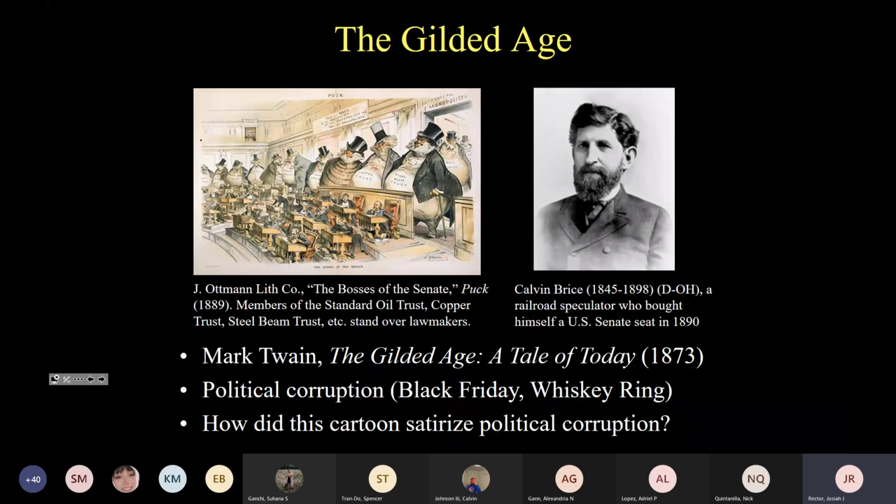And eventually, Jay Gould and his colleague James Fisk managed to talk President Grant into taking a trip aboard Gould's yacht on a trip from New York to Boston in June of 1869. And Gould and Fisk convinced President Grant to restrict the gold supply of the United States to increase gold prices. And they pitched it to the president as an effort to help Western farmers.